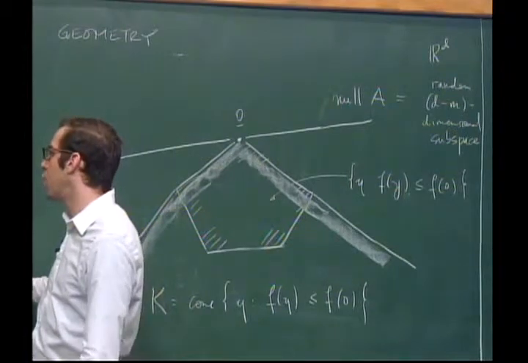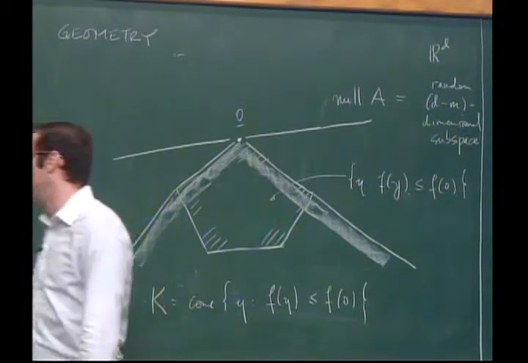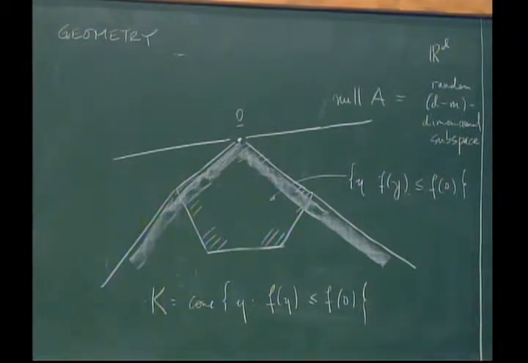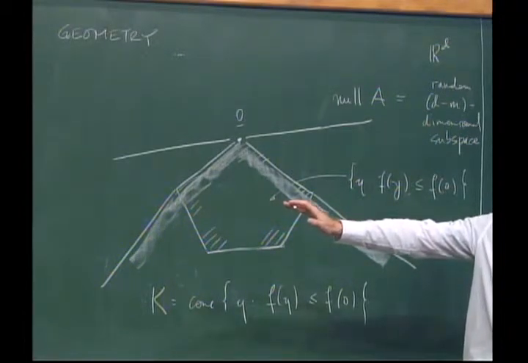So 0 is the only optimizer when the null space of A intersects this cone trivially. Okay? So this is a very well-known condition in the literature on signal processing. Of course, it goes back a very long way in the literature on optimization. And this is going to be our starting point for understanding this question about probability.